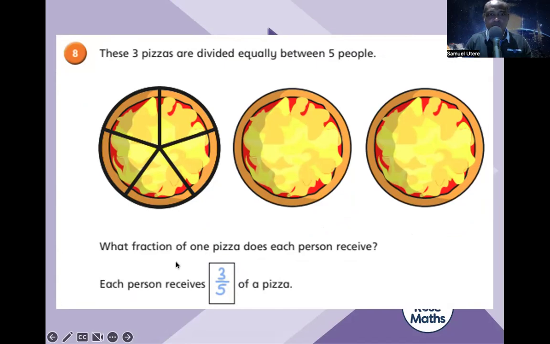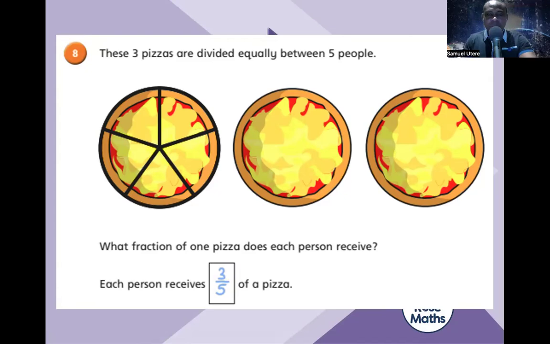Each person will receive 1/5. 1 pizza, each person. So if it's shared among 5 people, each person will receive 1/5. But now, for all the pizzas, each person will receive 3/5. Okay? Each person will receive 3/5.